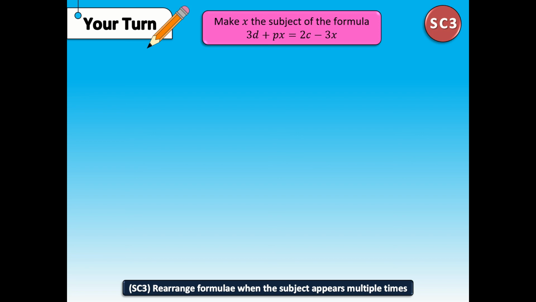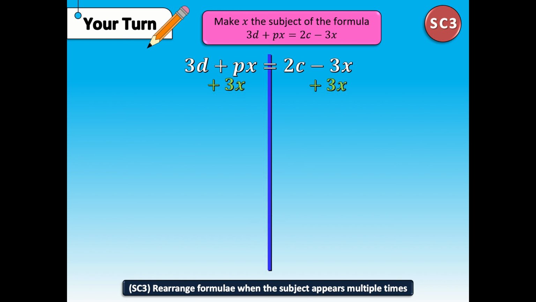So we want to make x the subject of the formula 3d plus px equals 2c minus 3x. So we can start by adding 3x to both sides. Then we take 3d off both sides.